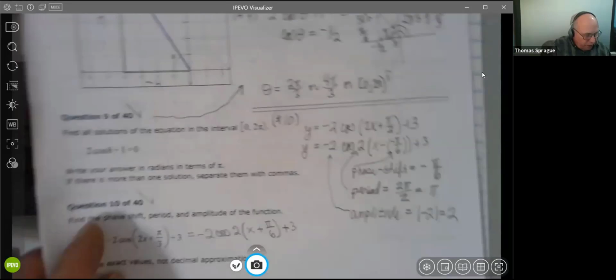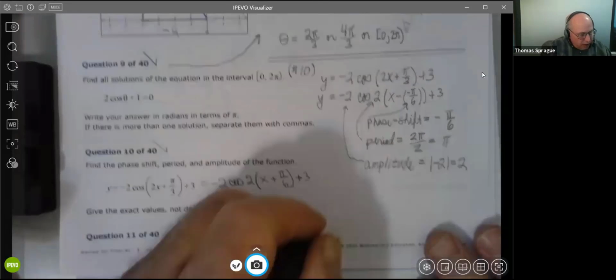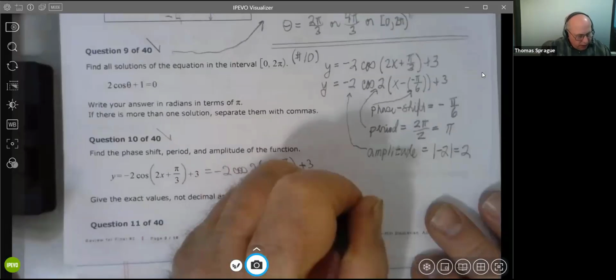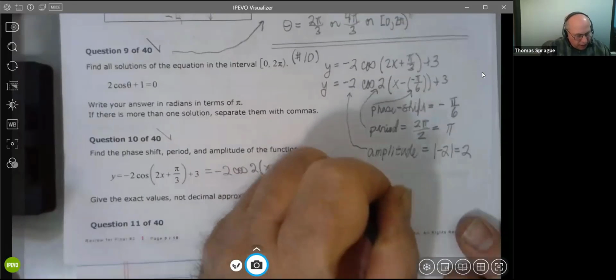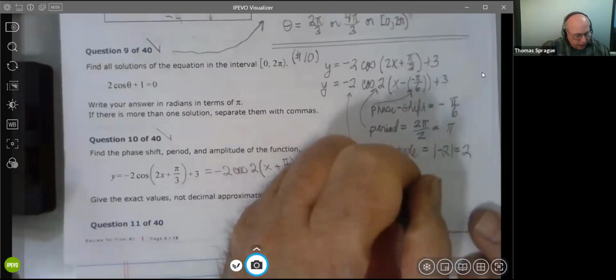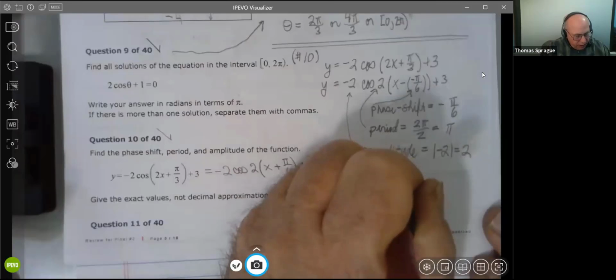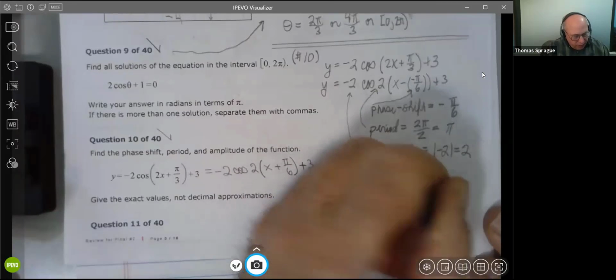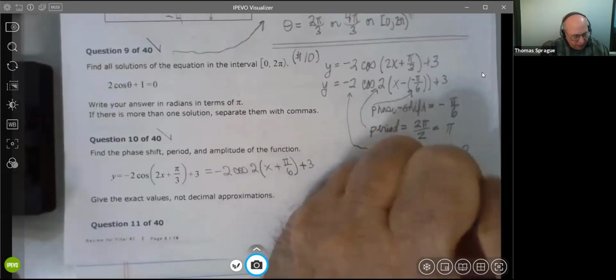Because the phase shift in general, if you have this form here, y equals a sine or cosine, doesn't matter. Let's put it this way, b x minus p, let me put it that way.